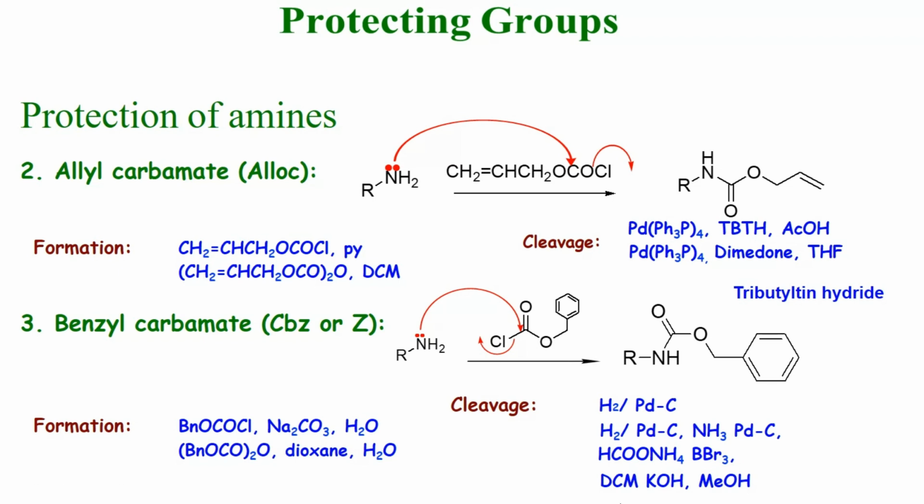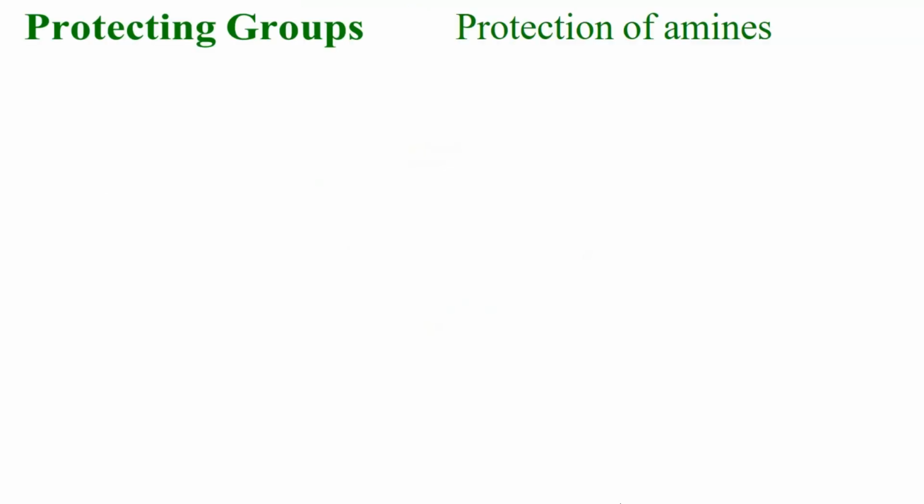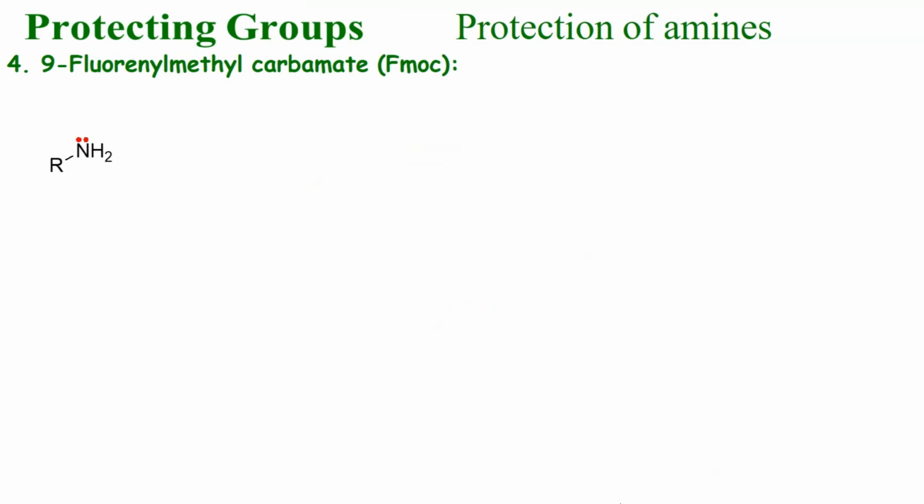Here, the fourth method of protecting the amine group is by using 9-fluorenylmethyl carbonyl chloride. It is called FMOC protection.